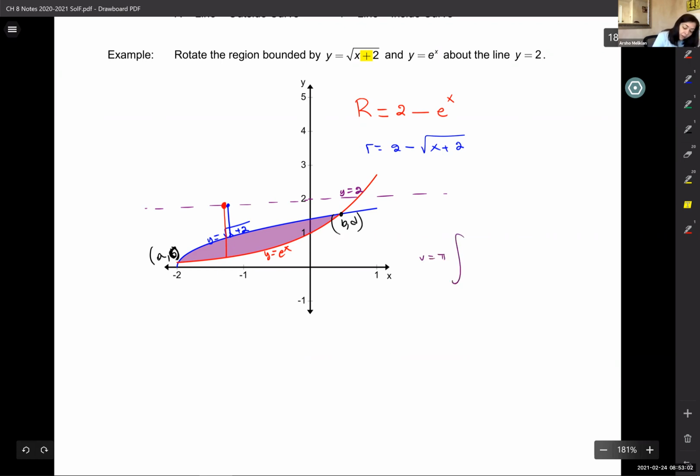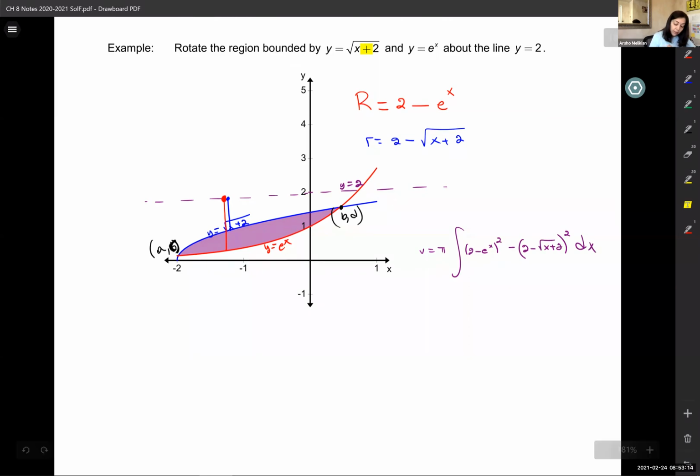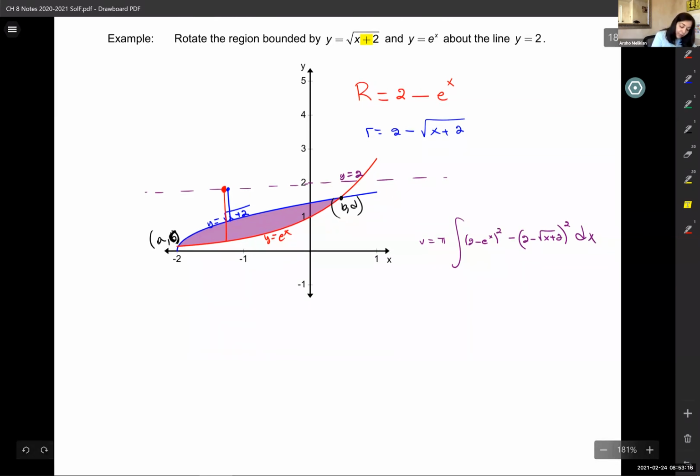Pi, big R squared minus little r squared dx. And then the limits of integration go from a to b.